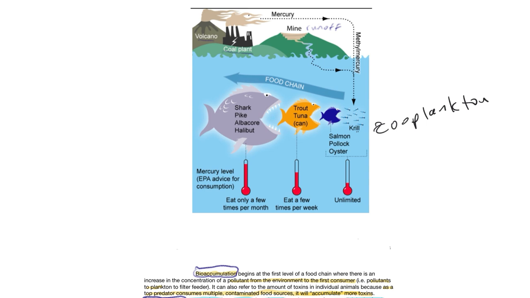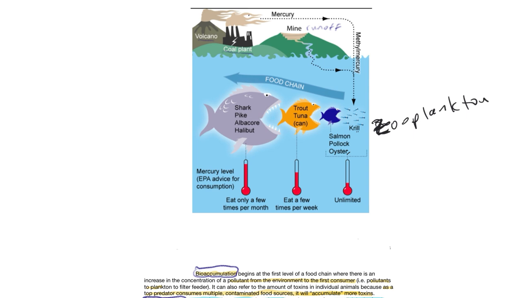And then oyster filter feeders will eat a lot of those zooplankton, but mercury concentrates in the tissues of whatever ingests it. So the oysters, especially, because they filter feed, will eat so many zooplankton with a little tiny bit of mercury.